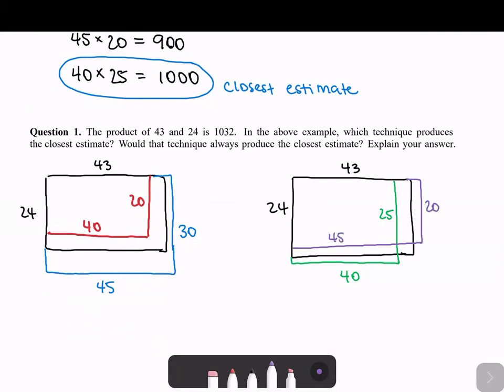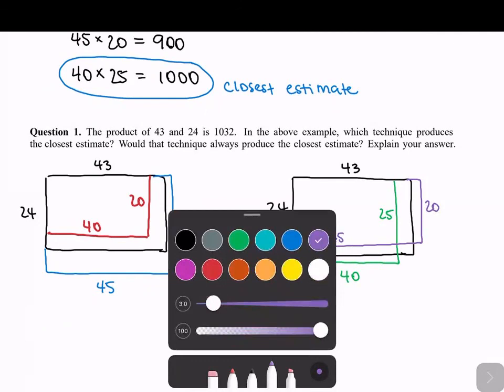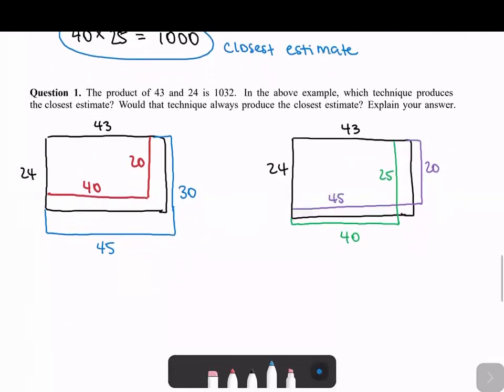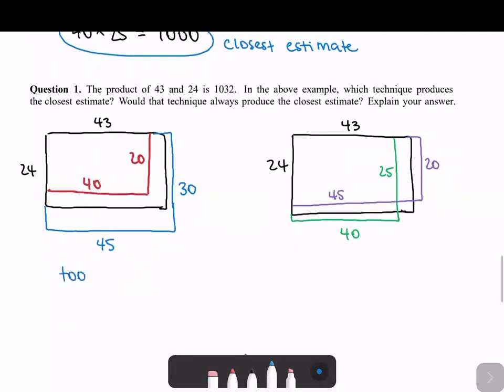So you can see that these look like they're a better estimate because the area that we can see, right, the blue area is too big. The red is too small. But you can see with this purple and this green that it increases a little bit and decreases a little bit. And so this one seems like it would be a much closer estimate.